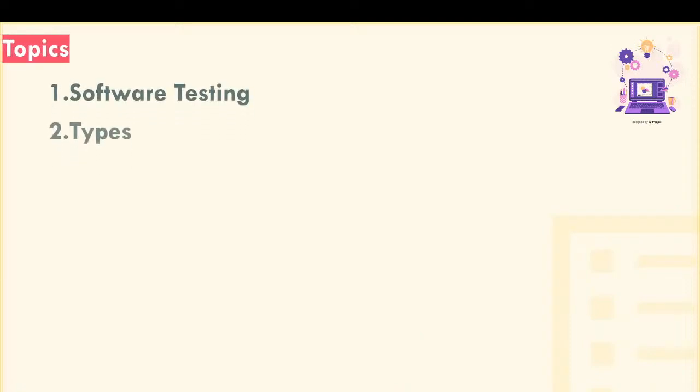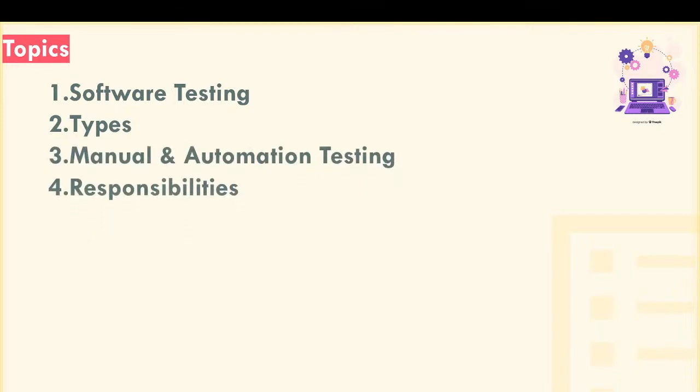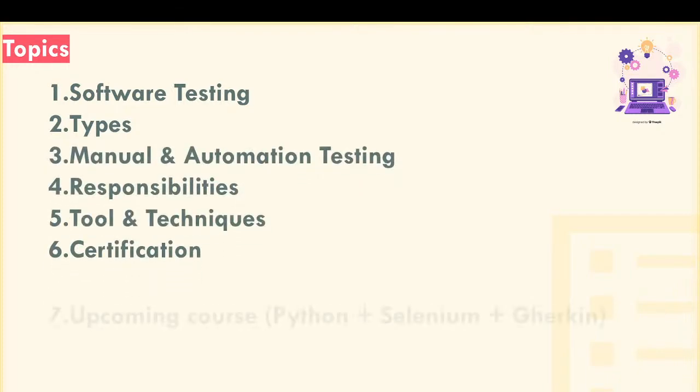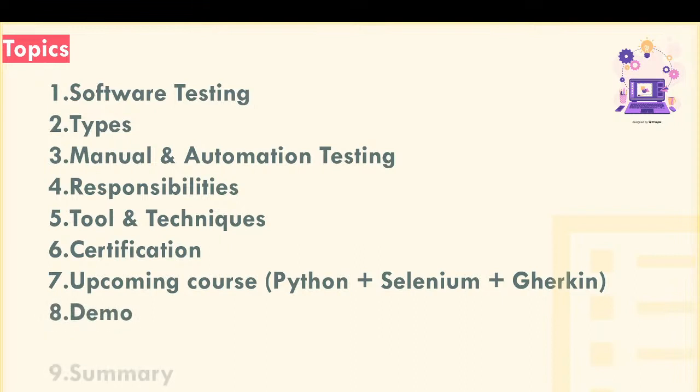As part of this session, I will be covering the below listed topics. Our presentation topic is software testing, tools and techniques. We'll talk about what software testing is, what the types of testing are, manual and automation testing, and then the responsibilities of manual and automation testers.